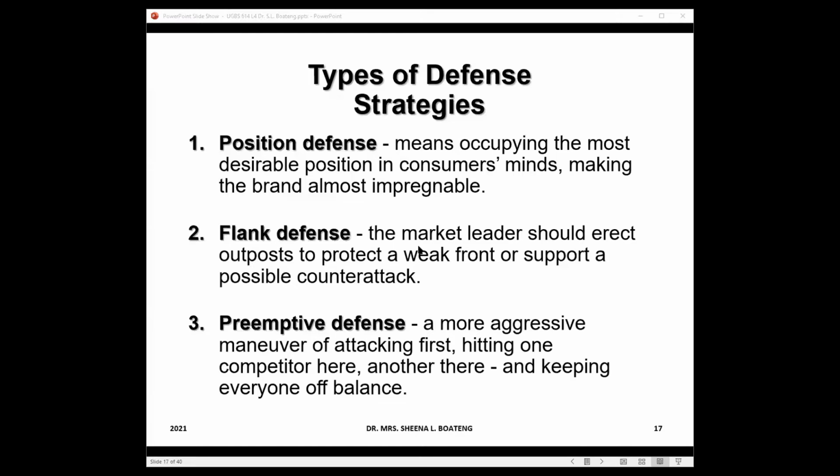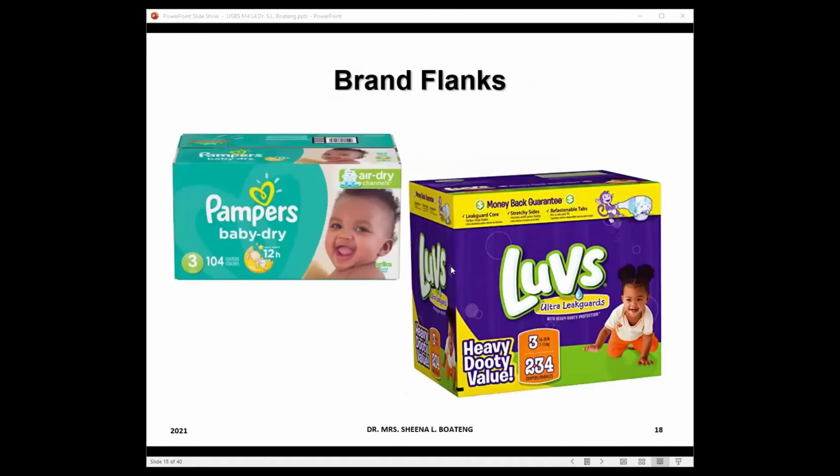Now, this is just one example from the Ghanaian perspective. There are so many examples internationally as well. For instance, the nursing mothers in the house, you know about Pampers diapers, isn't it? Yes. Good. And you also know about Luvs diapers. Yes. Good. Now, these two products belong to the same corporation, which is Procter & Gamble, a consumer goods company.